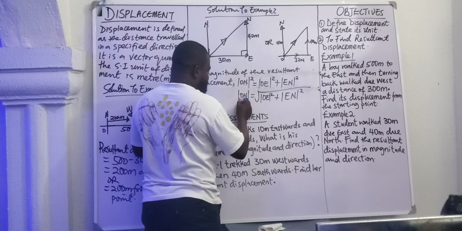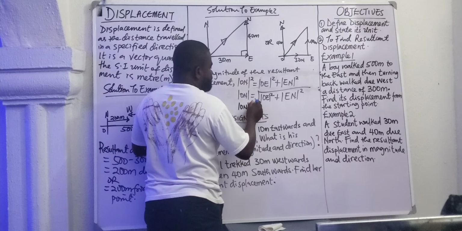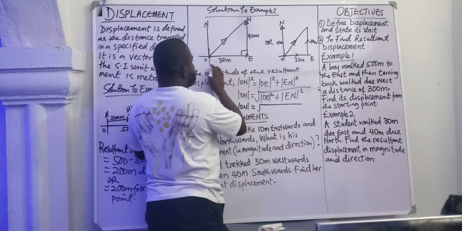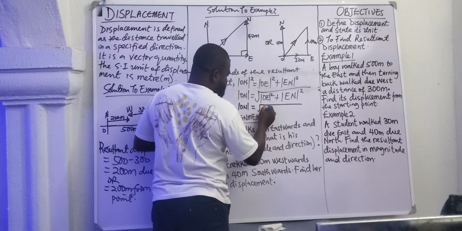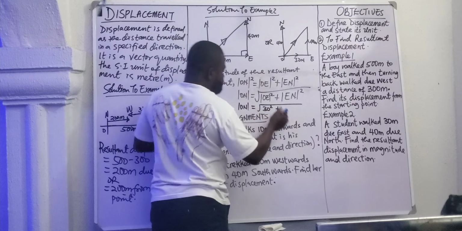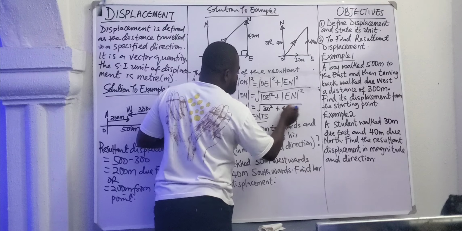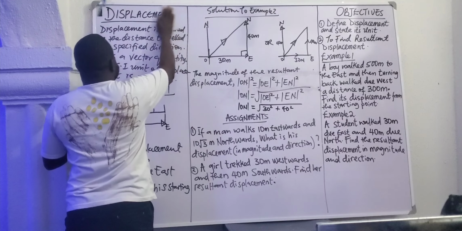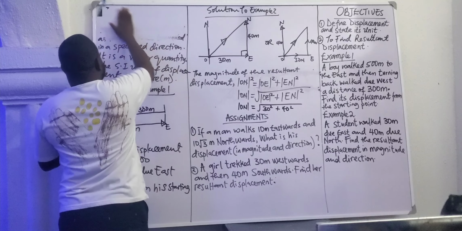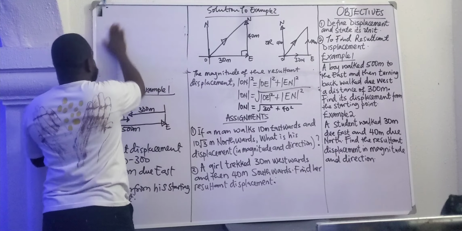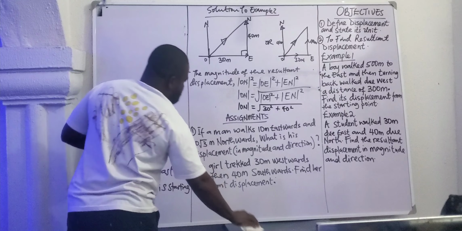So we have the displacement ON is equal to the square root of OE squared, OE is 30, that's 30 squared, plus EN squared, and EN is 40, that's 40 squared. 30 squared will give me 900, and 40 squared will give me 1600.